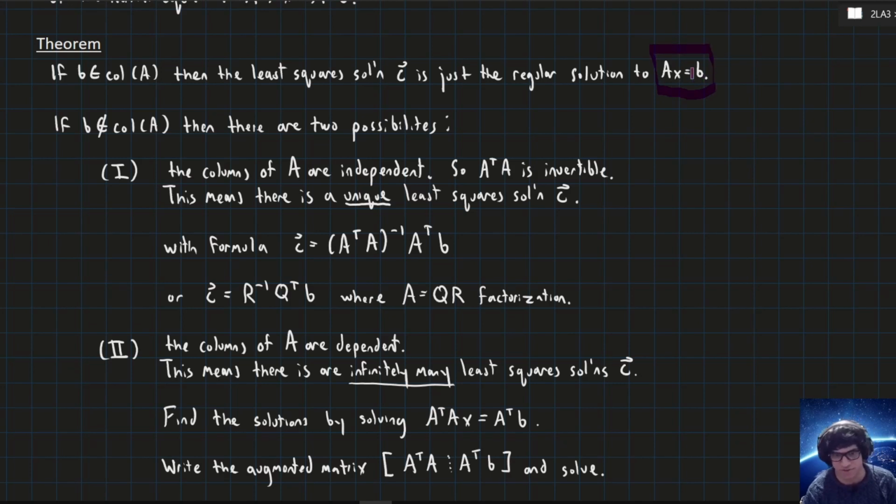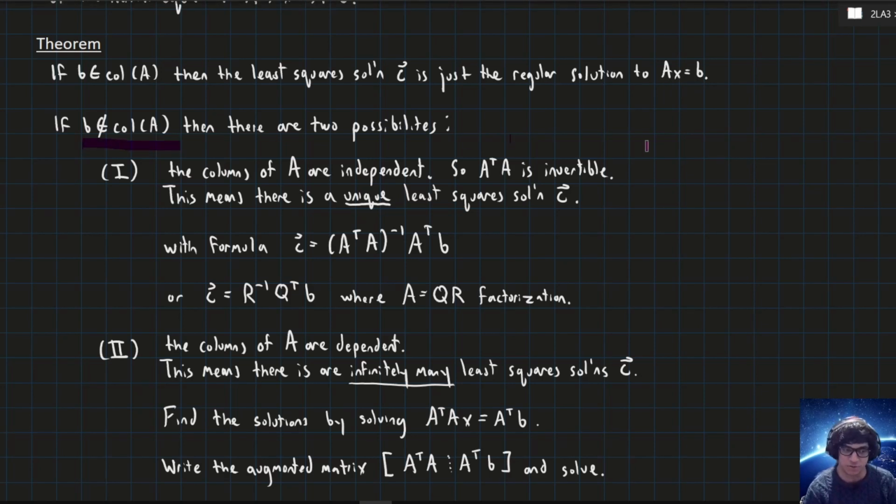But if it does have a solution, then we just call the regular solution the least squares solution. That's the uninteresting case. The interesting case is when Ax = B doesn't have a solution, which means B is not in the column space of A.